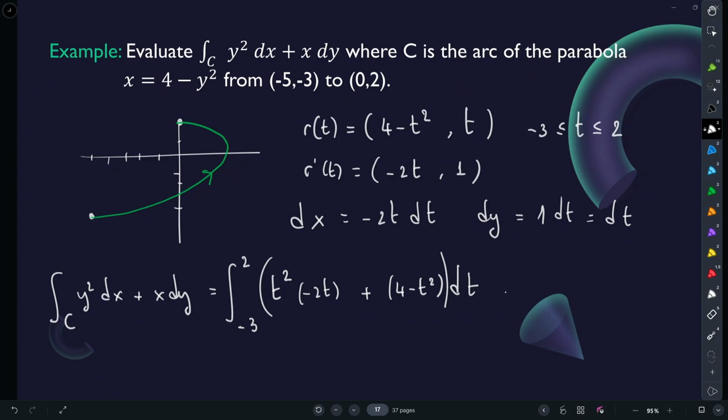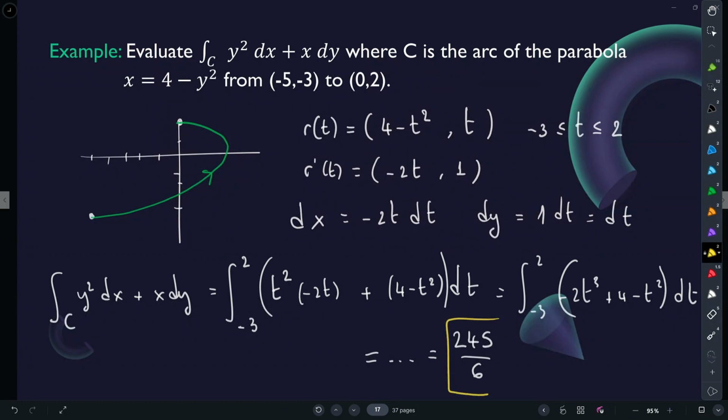Okay, this is the integral from -3 to 2 of -2t cubed plus 4 minus t squared dt. And that is just a polynomial, so let me just tell you that the answer is 245 divided by 6. Beautiful number.